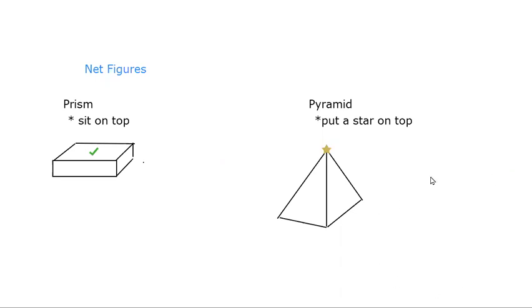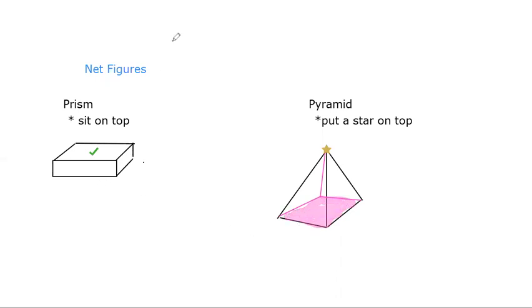Now, once we talk about prisms and pyramids, either one of those is named according to the shape of its base. So if I was going to pencil in the base, this would obviously be something you can't see because it's hidden. Do you see how the base of that is a rectangle? This part that sits on the ground is a rectangle.